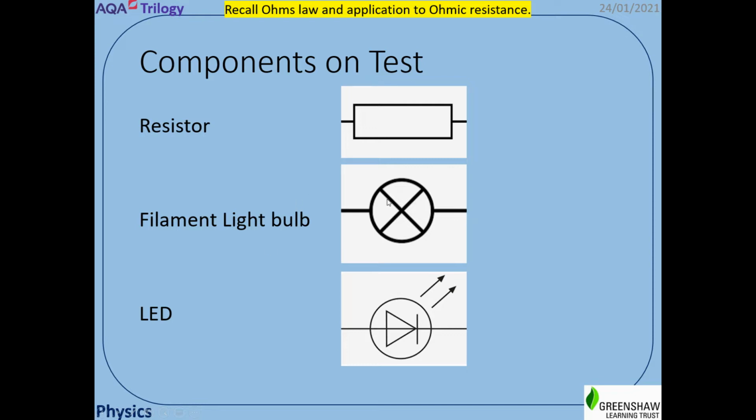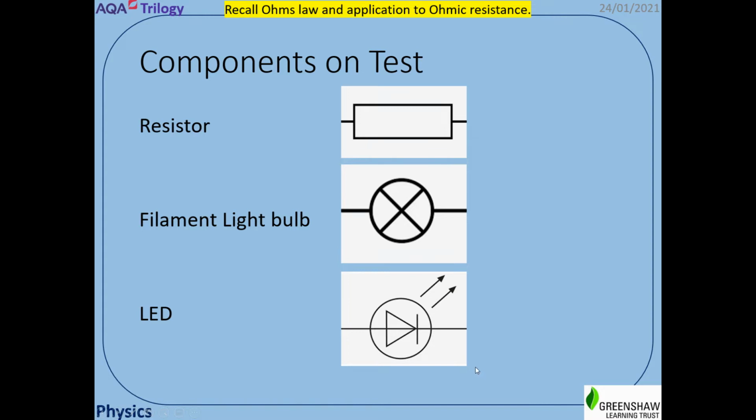And that's what a light bulb used to be. We now use an awful lot of LED ones, particularly in school. All the lights in school are now LEDs, and they do behave slightly differently. And lastly, we're going to look at LEDs, and all the three of these produce different shape graphs.